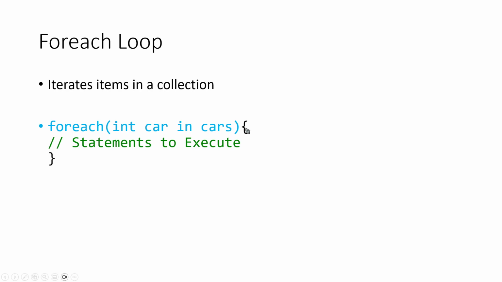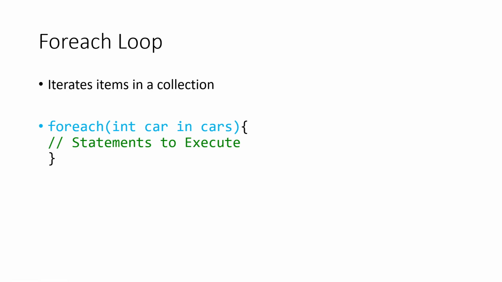Then we declare the collection we wish to get the iterated items from, making use of the in keyword as well. So this is a collection of cars, and we want to get each car from the collection of cars. Then for each item we have here, we execute a block of code. So that's very simple.